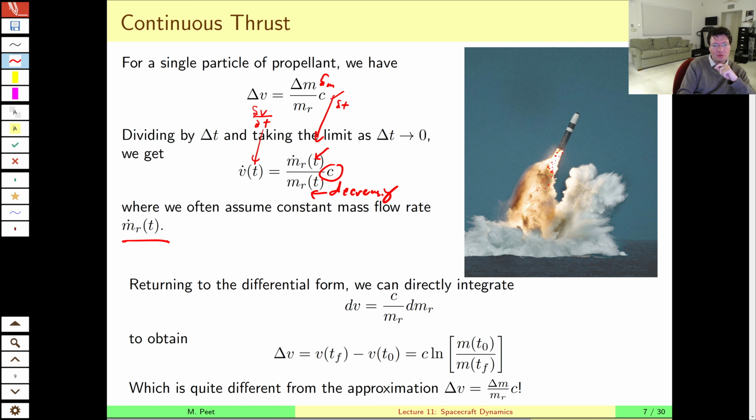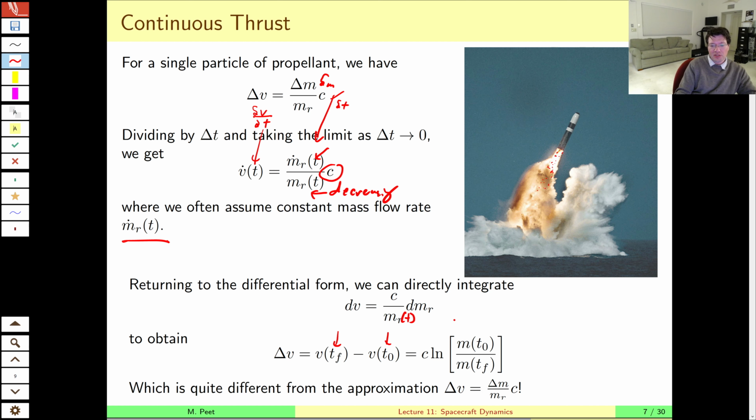So if we integrate this equation, taking the differential form, getting rid of our delta t's, we have delta m on the right, integrating this equation from initial state to final state, integrating over time. This 1 over m is a function of time, remember. The integral of 1 over m is the natural log, right?